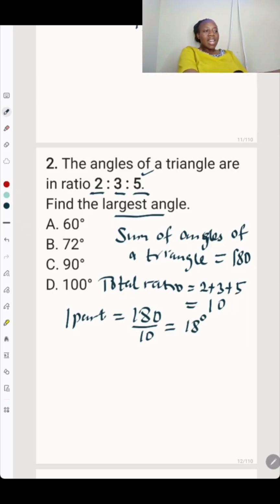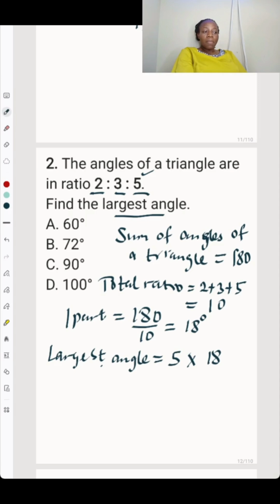So the largest angle, which is from the largest ratio, will be 5 multiplied by 18. We can also do it another way: 5 over 10 multiplied by 180, if you want to do it that way.